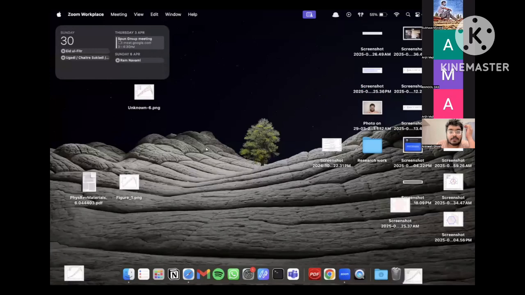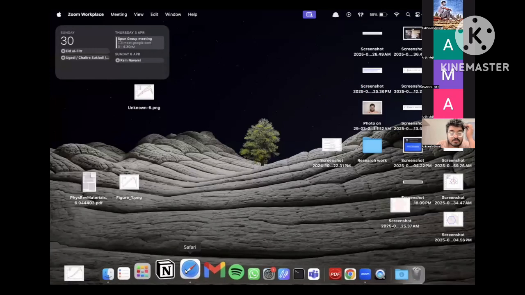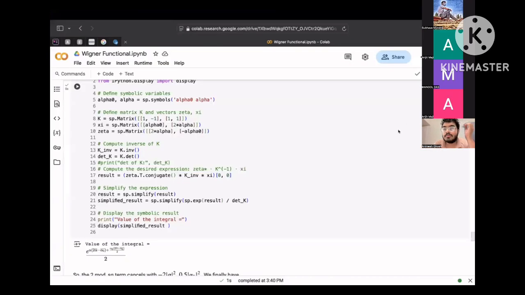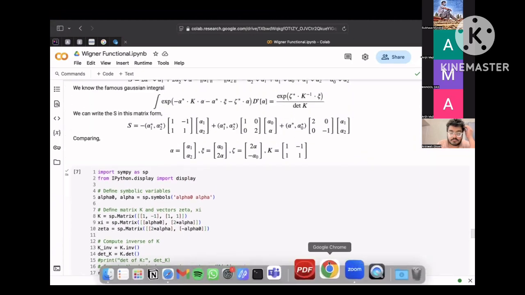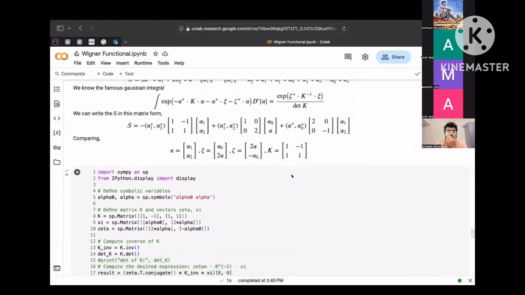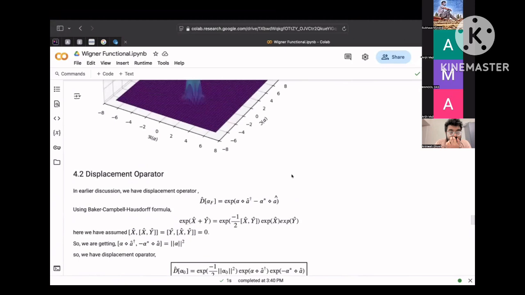Apart from that, I will also try to give you an understanding of how time dependence in the Wigner function comes in, in a later part of my presentation. Okay, so the screen is visible, right? Yeah, the screen is visible. Okay, so in my part of the presentation, let's see.